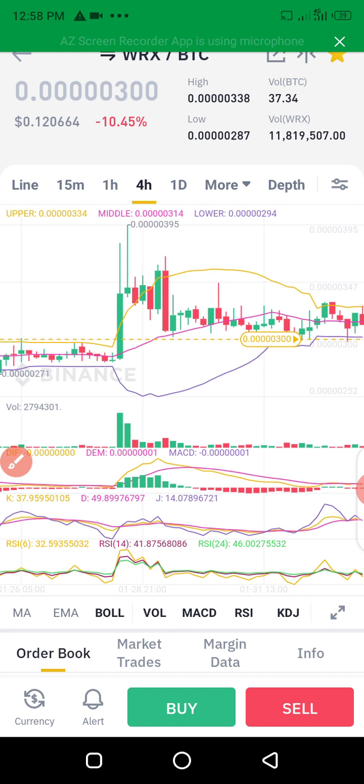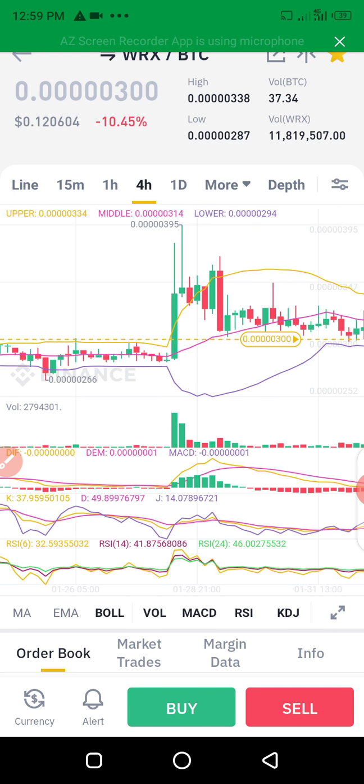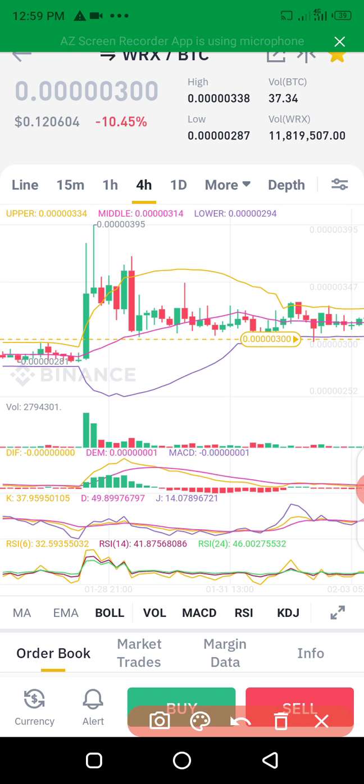The yellow line crosses the MACD line upward. You see that the market is going upward from that point. As it is coming, it crosses it here. The market is going upward.